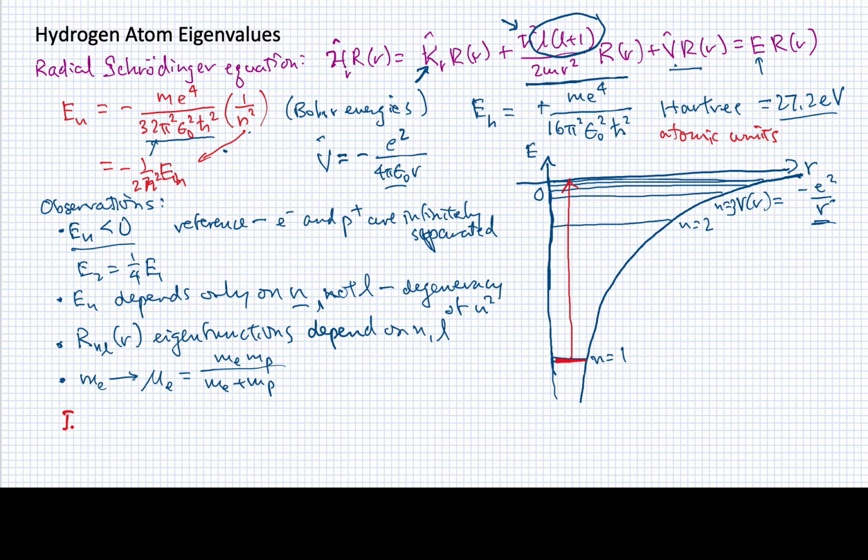So the ionization potential is essentially going to be equal to the energy where n is equal to infinity, the highest possible energy level, minus the energy when n is equal to 1. All right, but you'll notice that this is just 0, so this is equal to negative E1, which is just 1/2 the hartree energy. And that is, in fact, the ionization energy for the hydrogen atom in this case.